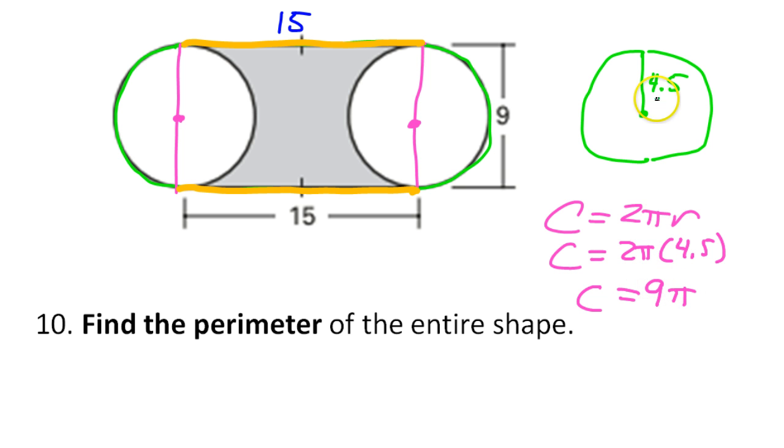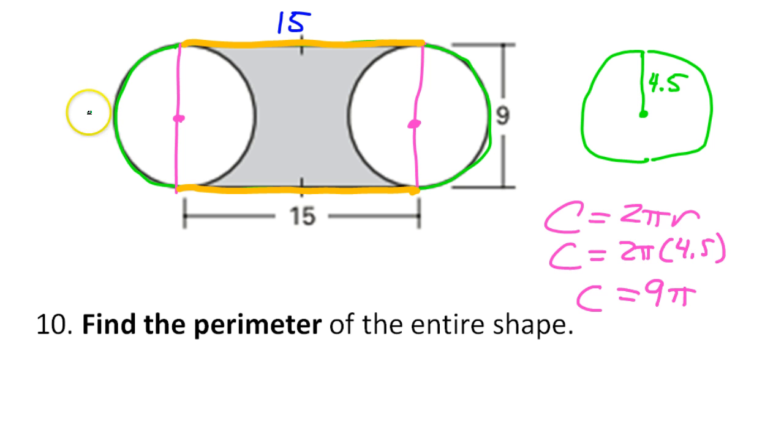So it was silly to cut it in half and then double it when you could have just left it 9 in the first place. But hey, do you. Okay, so now we've got the circumference, which is both halves, on the left and the right. So that's a total of 9 pi.